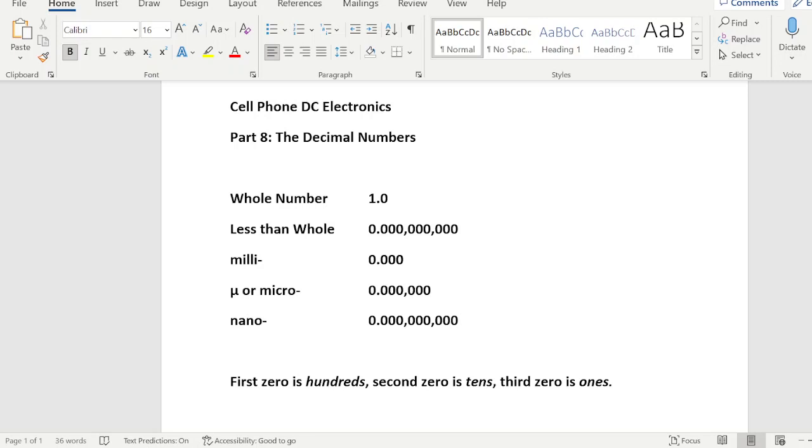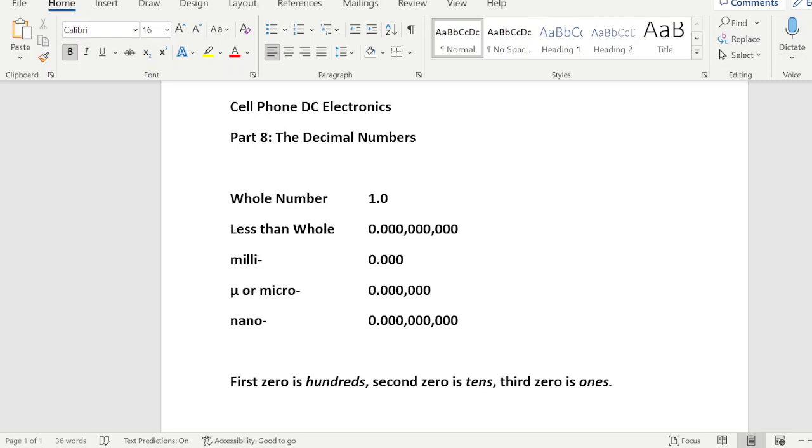Another way you would see numbers on the right side of the decimal is through some other components, most likely capacitors or inductors, which we haven't talked about, but let's get this number thing down first.